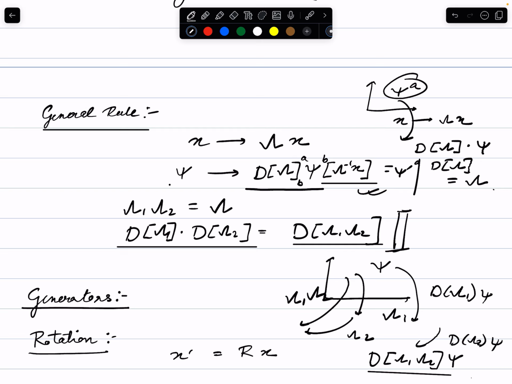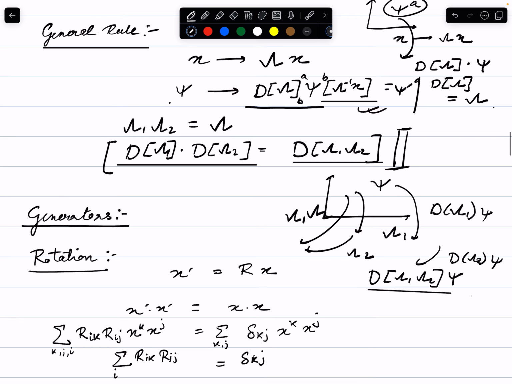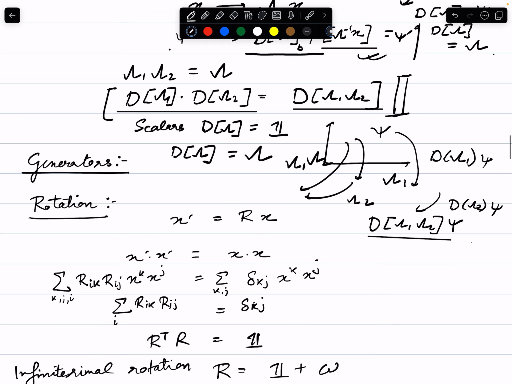They should change psi by the same amount. That's it. For scalars, what is d lambda? It is simply identity because it doesn't change. And for vectors, d lambda is lambda because that is how it changes. Now we will see what it is for spinors. It will be something different.